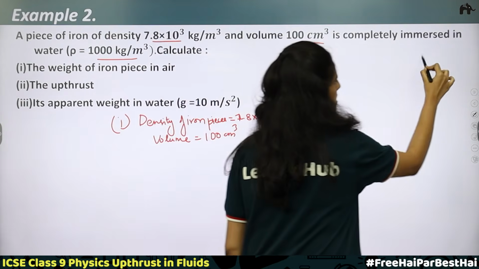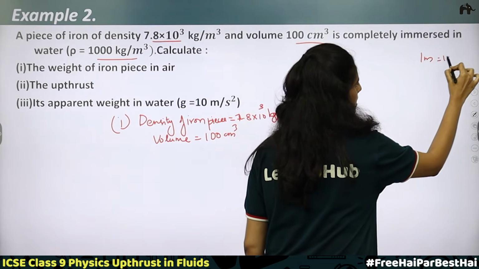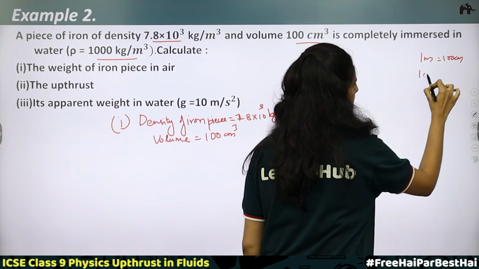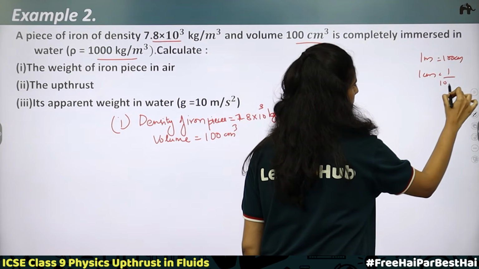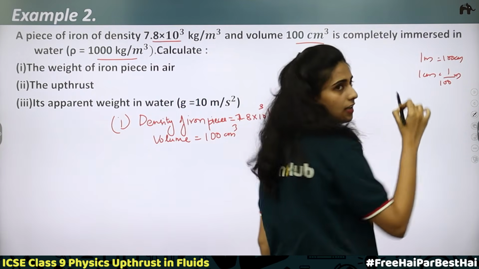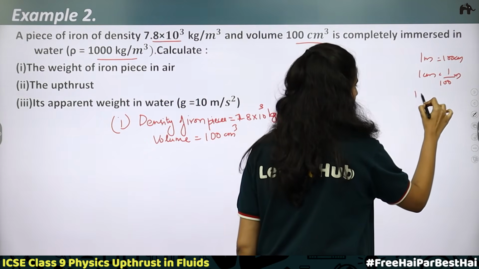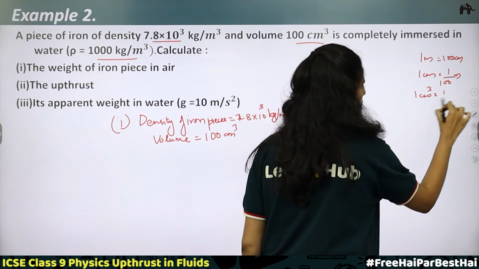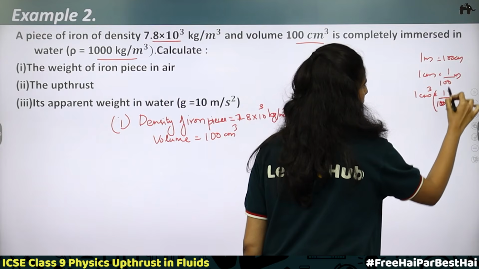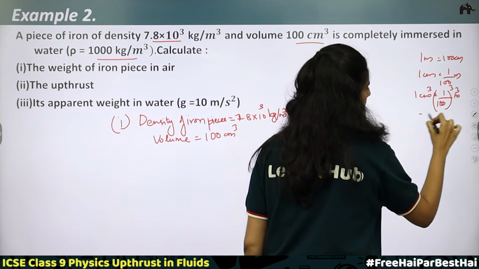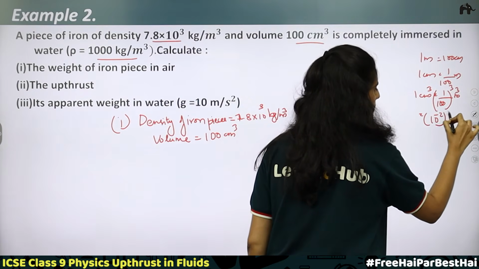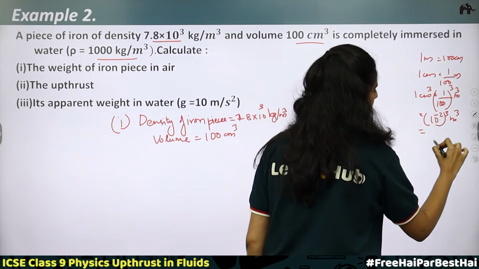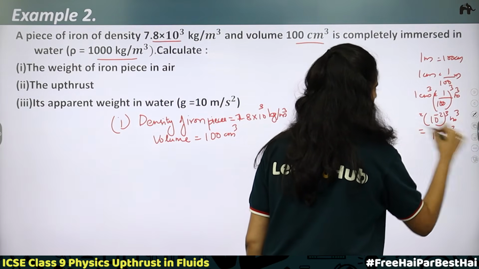We know 1 meter is equal to 100 centimeter, which means 1 centimeter is 1 by 100 meters. Now, here we have 1 centimeter cube will be equal to 1 by 100 cube meter cube, that is 10 raised to minus 2 cube meter cube, which is 10 raised to minus 6 meter cube.